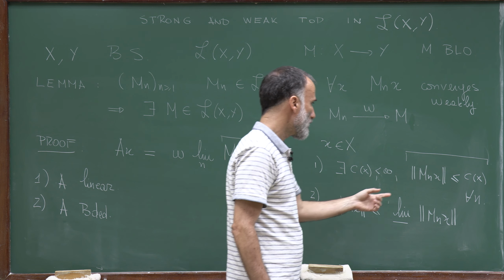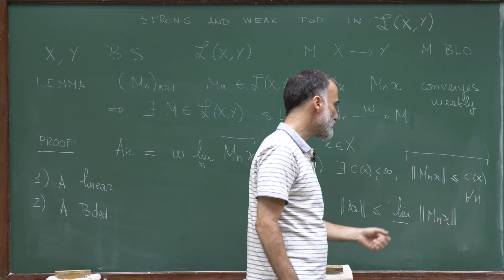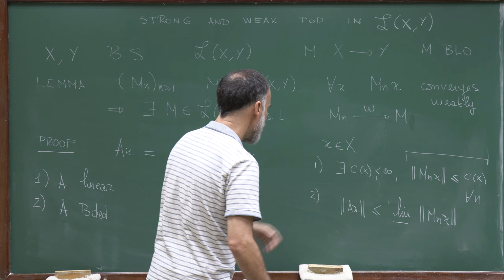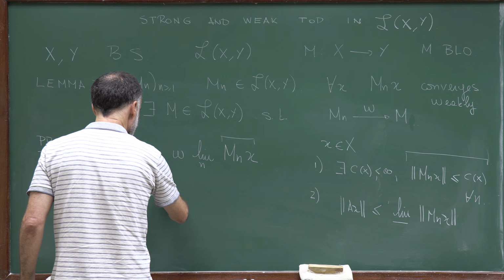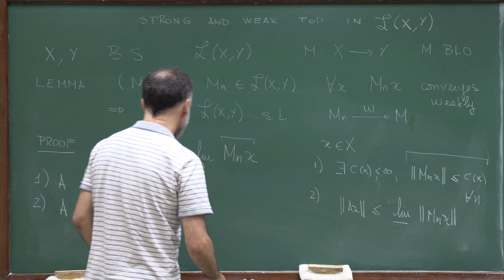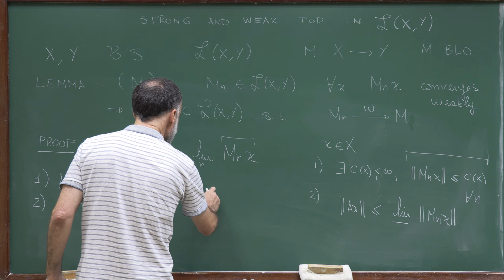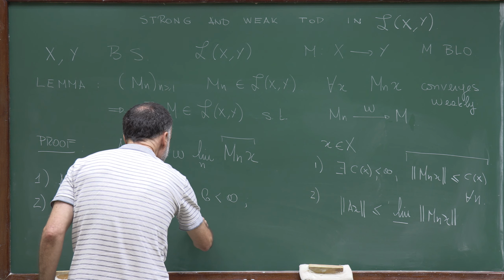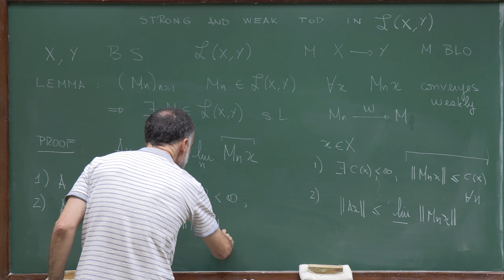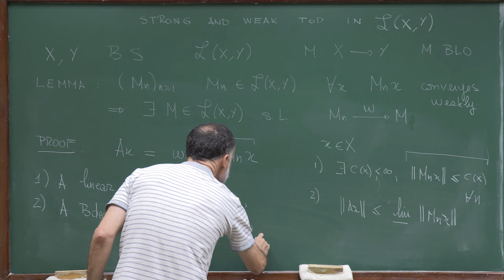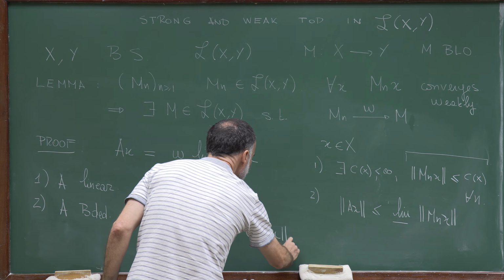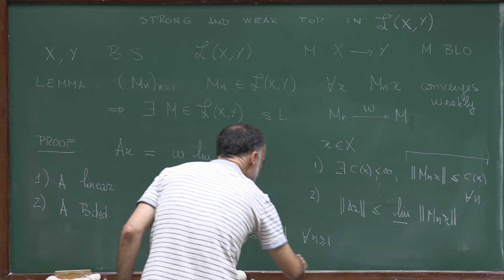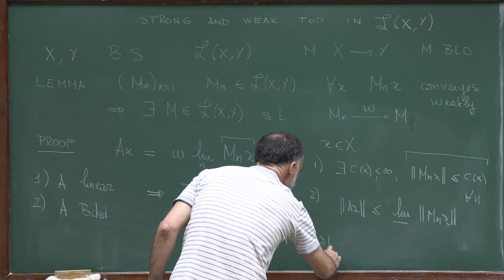By introducing a sub-additive, positive homogeneous, continuous function, we proved that these bounds entail that there exists a finite constant C0 such that the norm of M_n x is bounded by C0 times the norm of x, for all n larger than 1, and for all x in X.